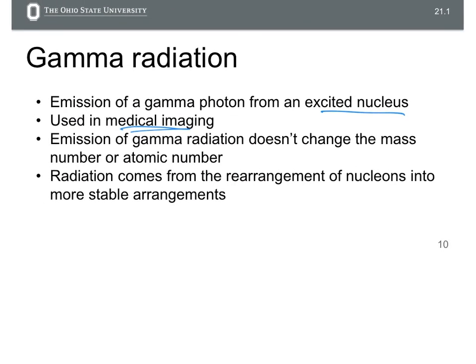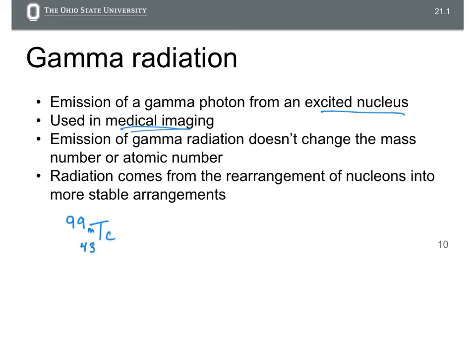If anyone's ever had a PET scan or anything like that, basically you usually ingest unstable or metastable technetium. So it's technetium-99. And we often will abbreviate or use the lowercase m to symbolize it as metastable.